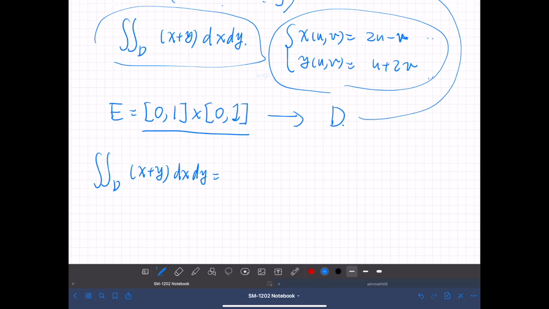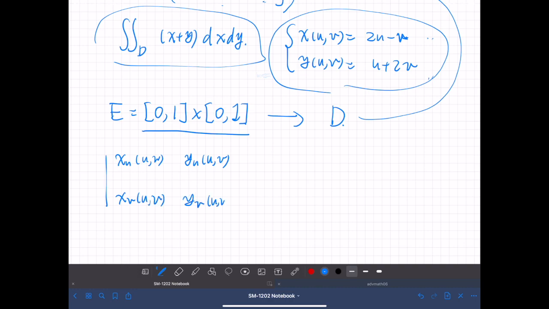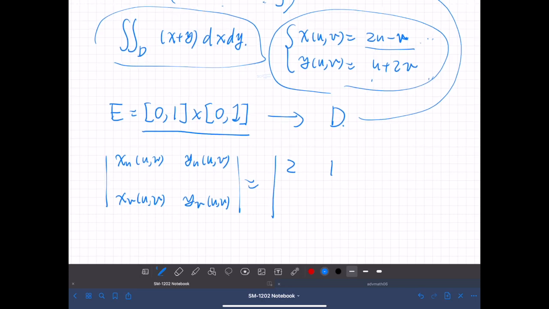So the Jacobian here is the determinant of x_u(u,v), y_u(u,v) and x_v(u,v), y_v(u,v). So let's differentiate this one with respect to u. You get 2. This one with respect to u, you get 1. This one with respect to v, you get -1 and 2.